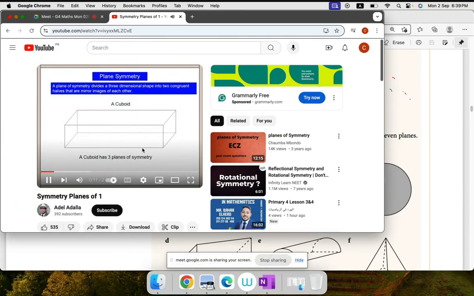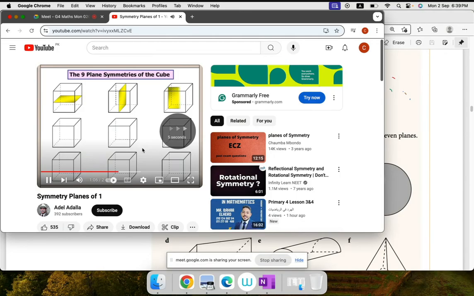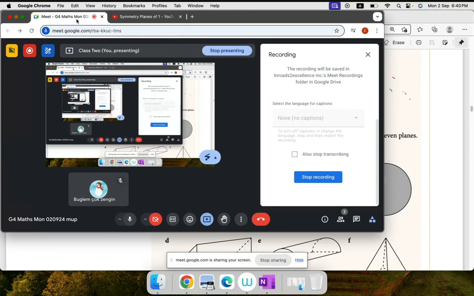You see this one? This is actually not a cube. Can you see these 9? It's still freezing up, but I can see it. This is at 1 minute and 9 seconds.